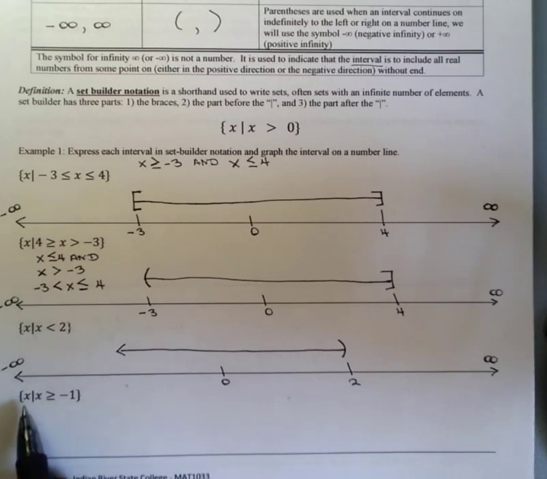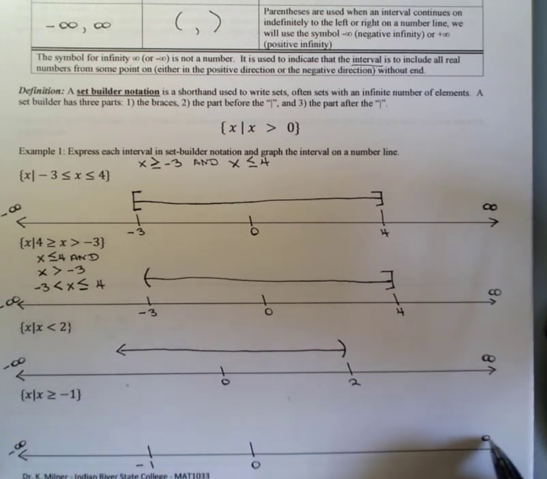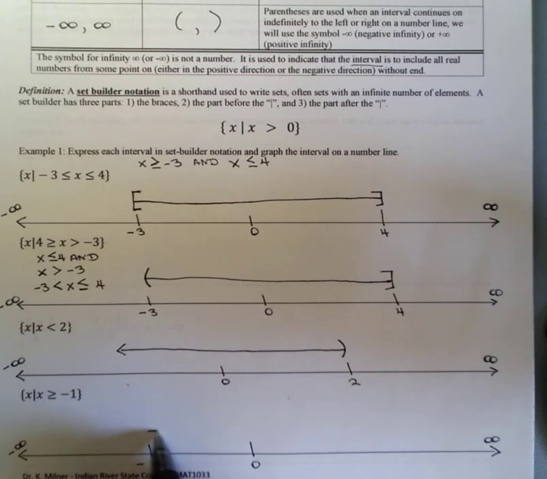All right, this next one. The set of x such that x is greater than or equal to -1. Well, here we go. Let's say here's 0, and over here somewhere is -1. This is negative infinity, and this over here is positive infinity, and I need to be greater than -1, or equal, so this is the direction I'm going in.